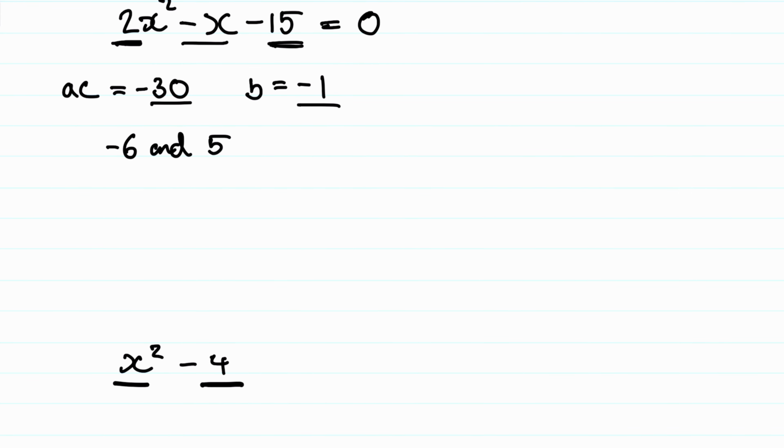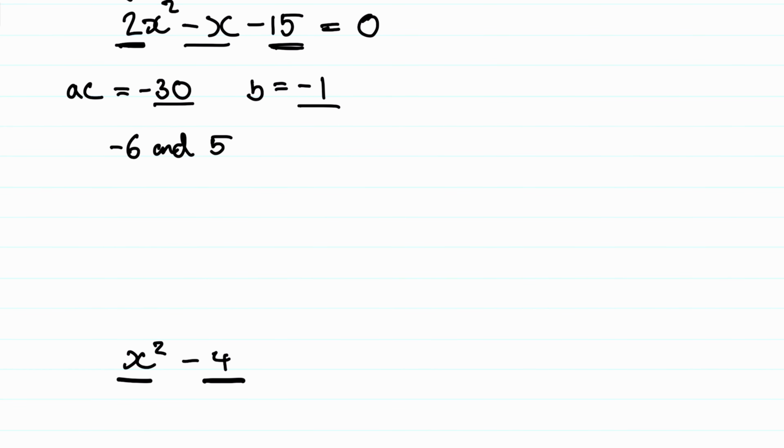So how do we use these two numbers? Well, we can rewrite our expression, but instead of writing -x, we write it as the sum of -6x and 5x. So we could write 2x squared minus 6x plus 5x minus 15.